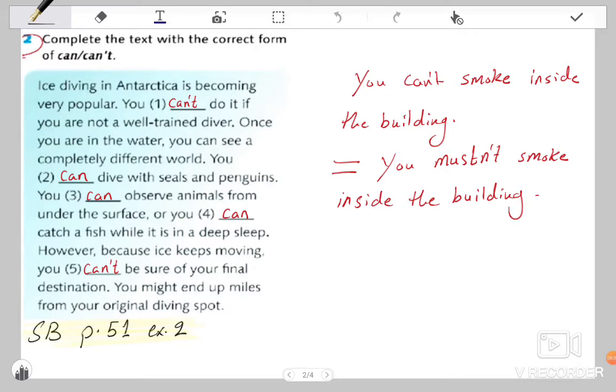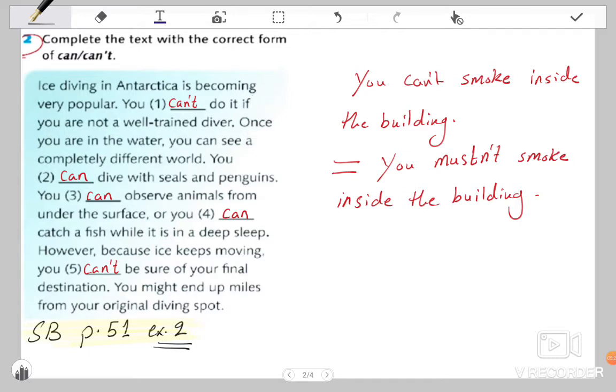Now, in the student book, page 51, you have exercise number 2, and you have here: ice diving in Antarctica is becoming very popular. You can't do it if you are not a well-trained diver. So, can you imagine that you can dive in Antarctica without being able to do that? You don't have the ability to do that.